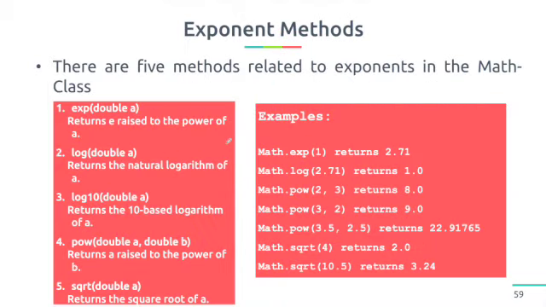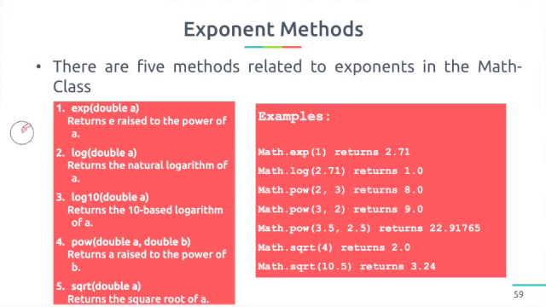Next, we'll learn about exponent functions, and we have 5 exponent methods. The first is exp. Between parentheses, we'll write the number a that we want, and it computes e to the power of a.